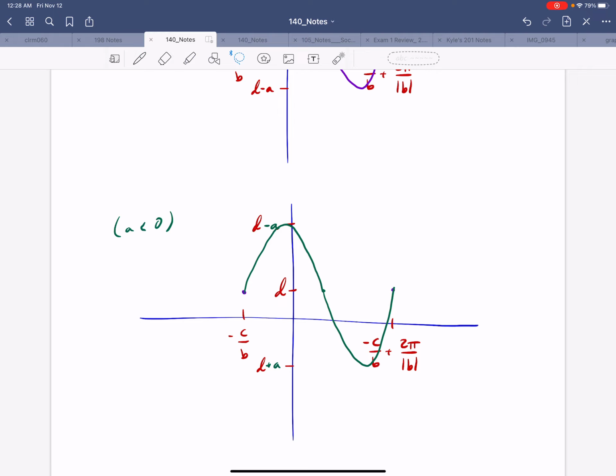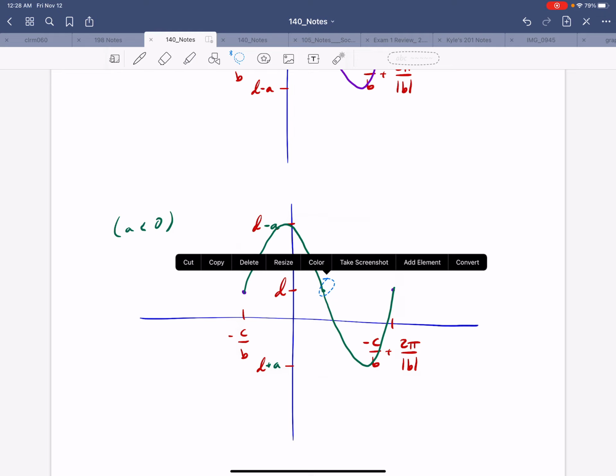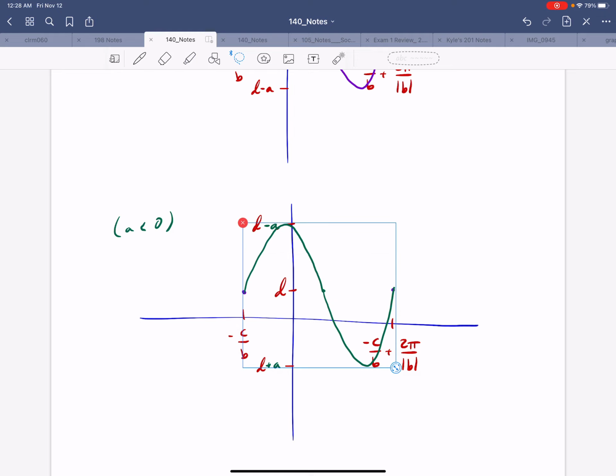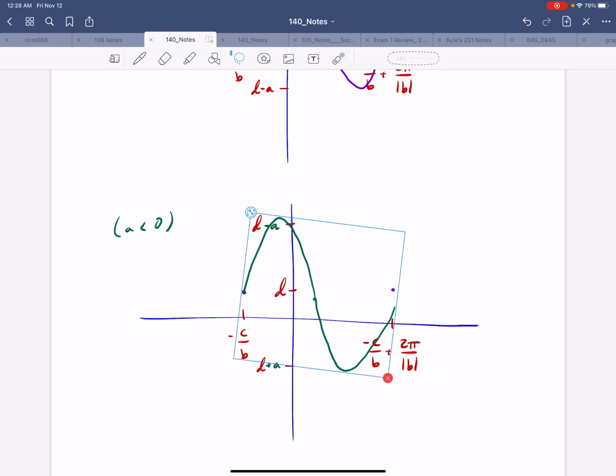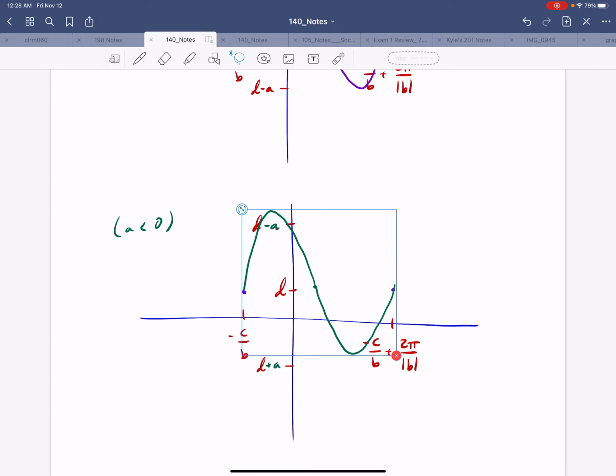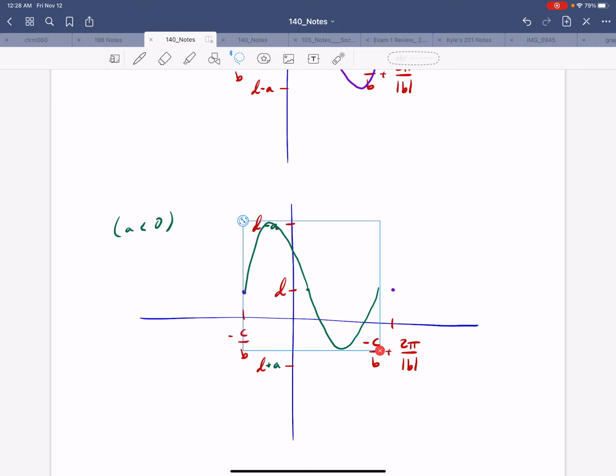But remember, if the amplitude is less than 0, then what's happening? Well, this happens. Just goes to show you my graph isn't perfectly symmetric.